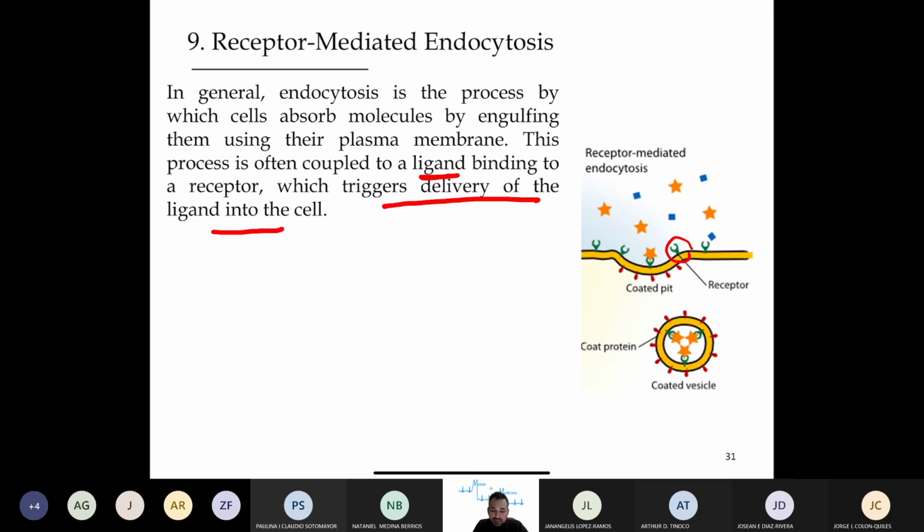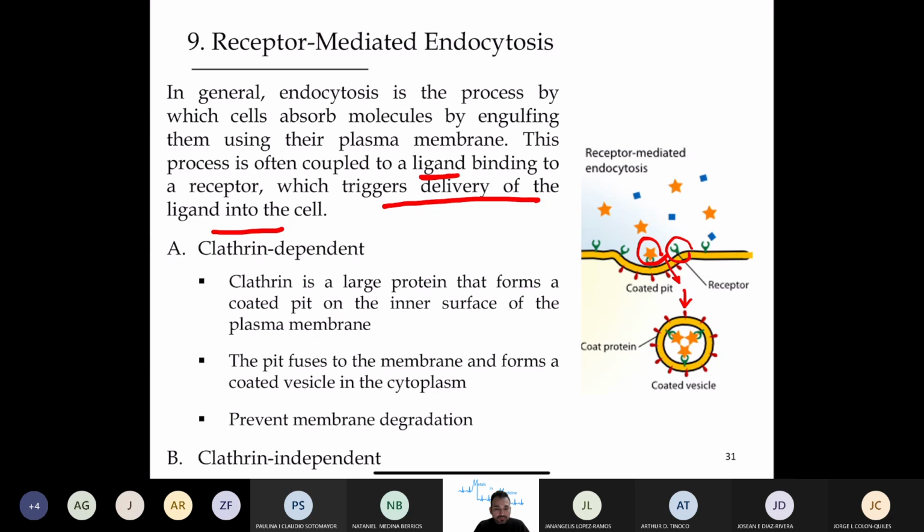It will recognize a particular ligand in this context, and that is going to lead to a process in which the cell membrane will engulf that protein substrate complex and bring it into the intracellular environment.